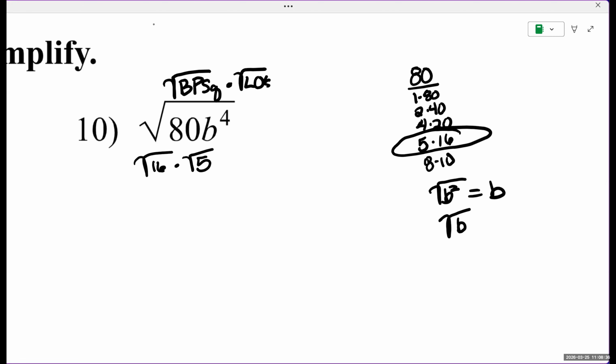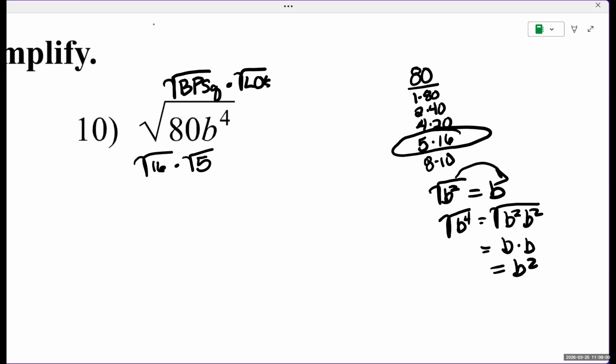What do we think the square root of b to the fourth is? Let's see. That is b squared b squared. Yeah, you add the exponents, which is the square root of b squared is b, right? And another b is b squared.